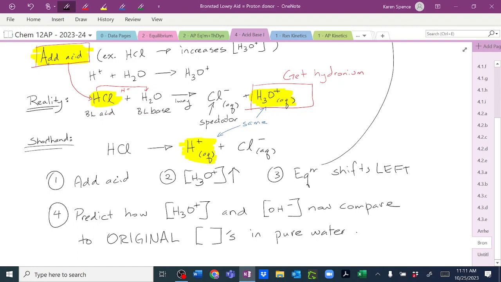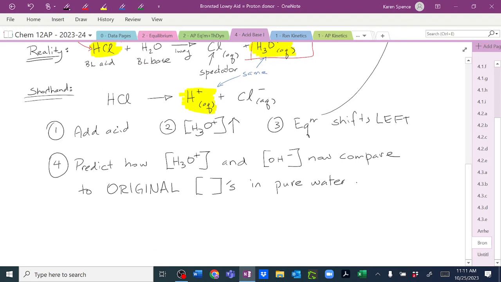Are we predicting or are we just chatting? You already predicted. What did you predict? H3O plus is going to increase, and OH minus is going to decrease.